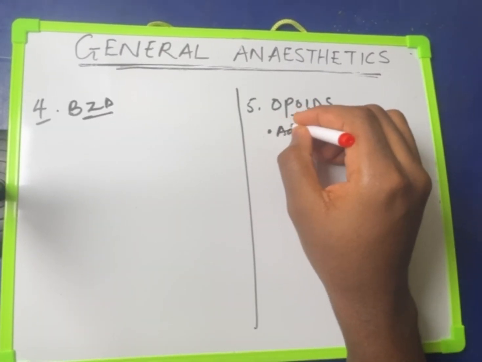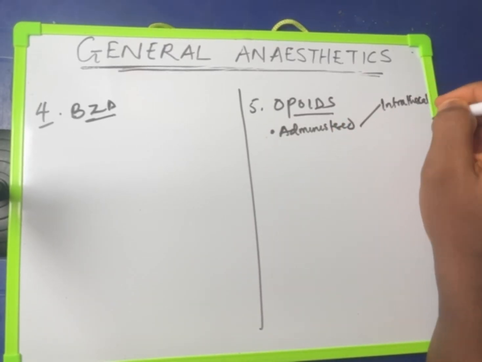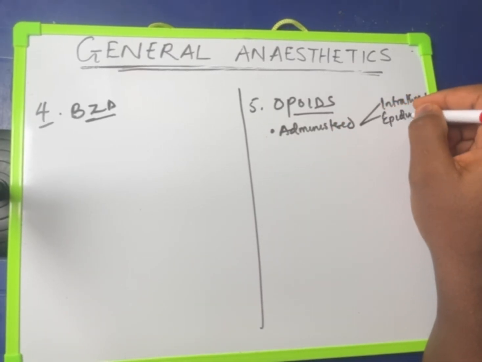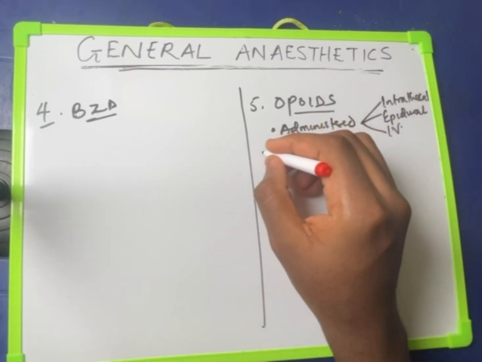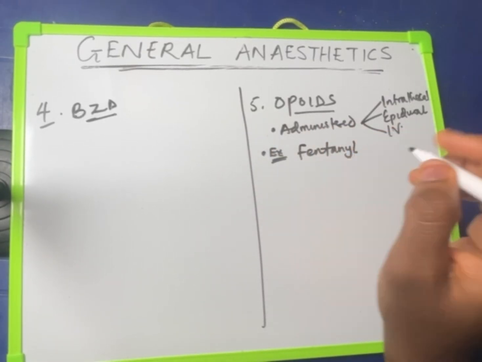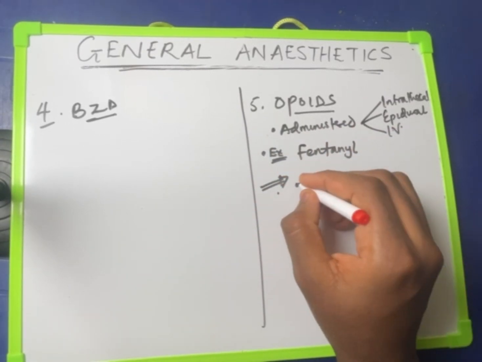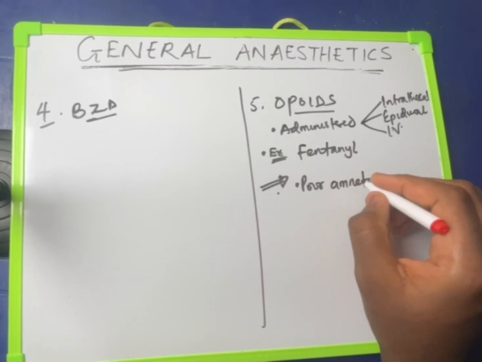Now benzodiazepines and then opioids, we'll look at them side by side. Opioids are administered intrathecally, epidurally, and intravenously. A good example here is fentanyl. And opioids have the following characteristics: they are poor amnestics.